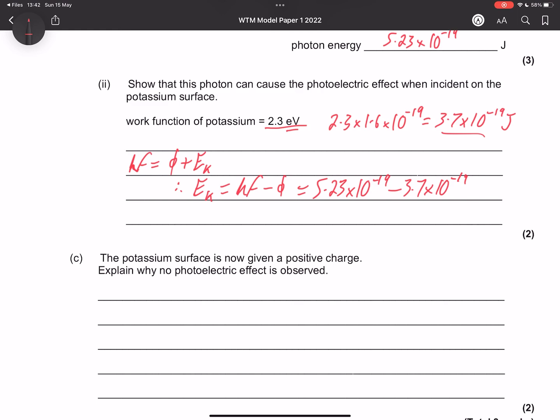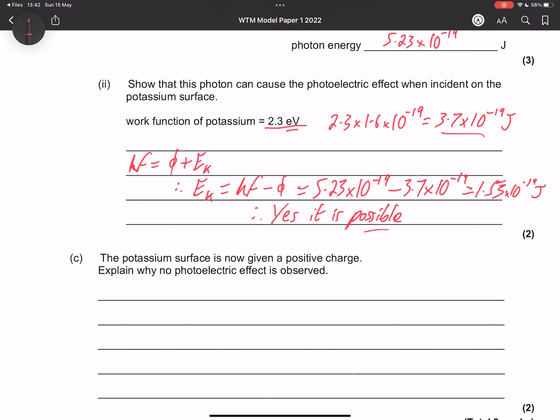It's blatantly obvious already before we even plug in the numbers that it was going to be a positive value. So it is a nice thing to see because we are checking that it can do it. So 1.53 times 10 to the minus 19 joules, which is proof alone, so I would usually supplement it with a comment saying yes, it is possible. You don't need much else.